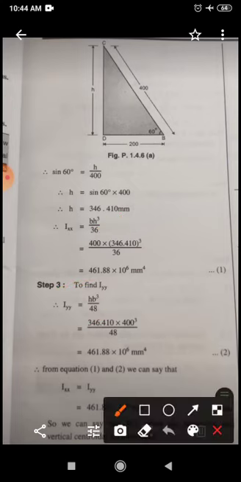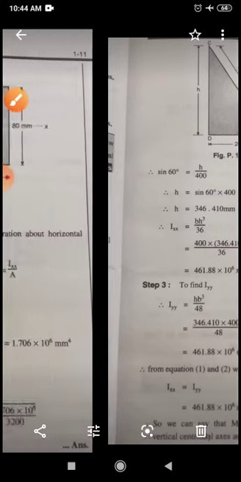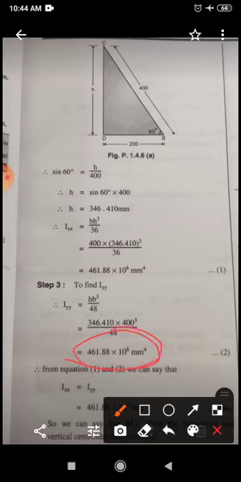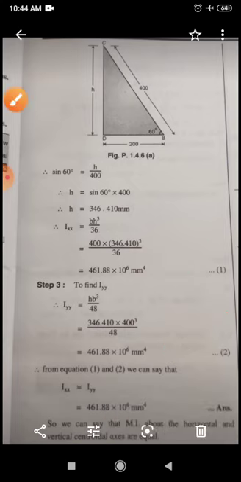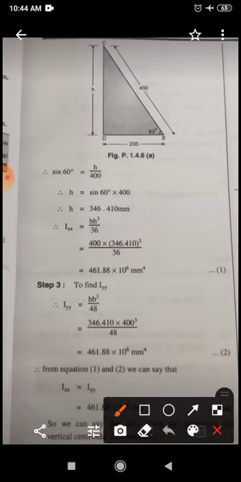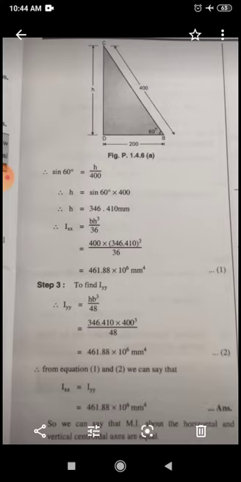Putting the values, h we just calculated and base 400, upon 48, we again get 461.88 into 10 raised to 6 millimeter raised to 4. From these two equations, equation 1 and equation 2, both values are equal. Therefore the moment of inertia about the x axis and the y axis are equal, which was asked to prove. Hence it is proved.